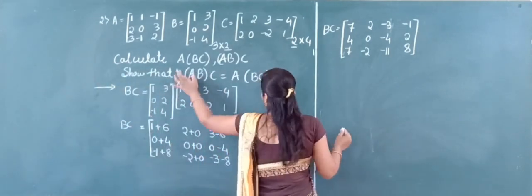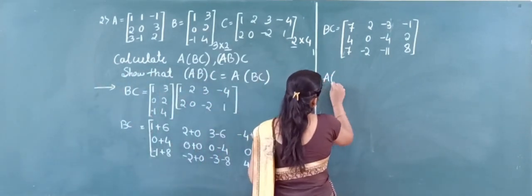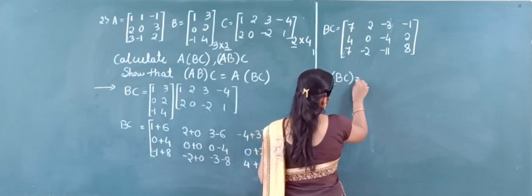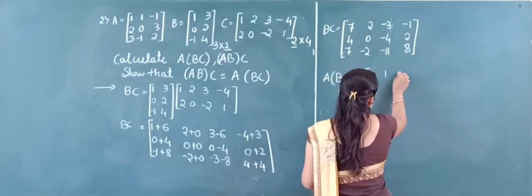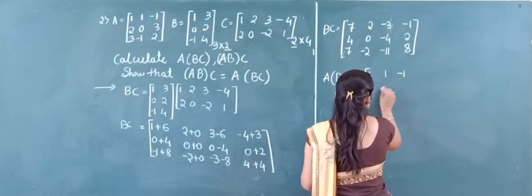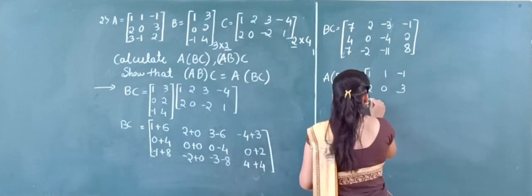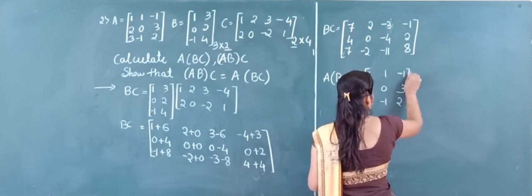Next I have to find A into BC, so I have to multiply A with BC. What is our A matrix? 1, 1, minus 1, 2, 0, 3, 3, minus 1, 2.